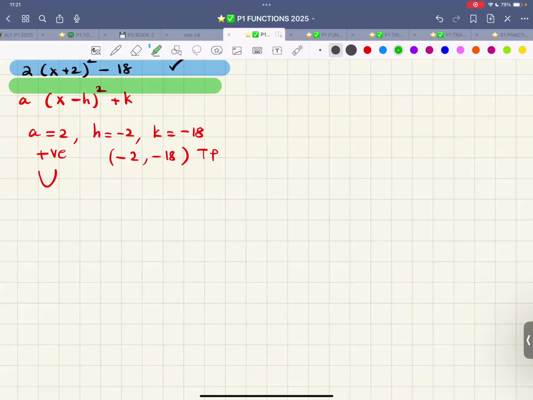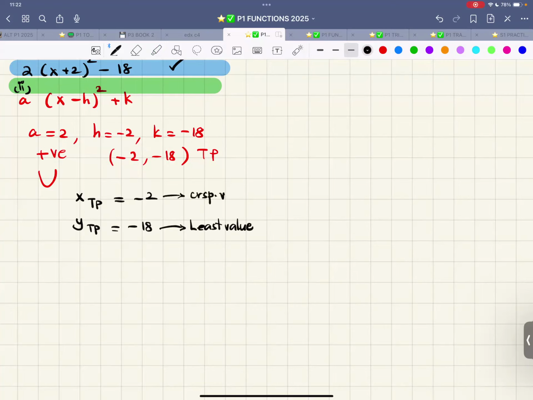The x coordinate of the turning point is -2, and the y coordinate of the turning point is -18. The y coordinate is the least value, because if you draw the graph, that's what it shows. And this is the corresponding value of x.